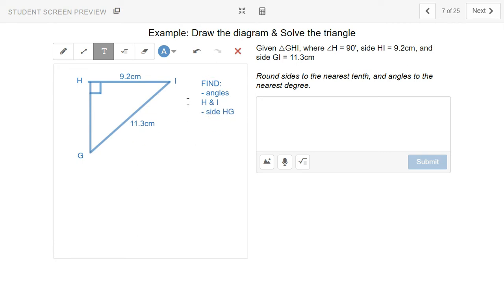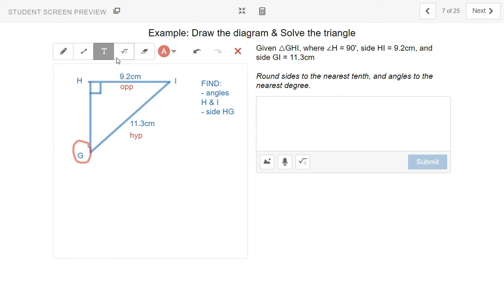Let's start by finding the angles, and we're going to do that using trig ratios. Let's say that G is my working angle. If we have G as our working angle, this is now our opposite, and this is our hypotenuse.